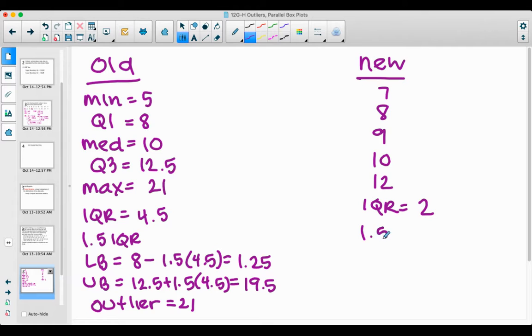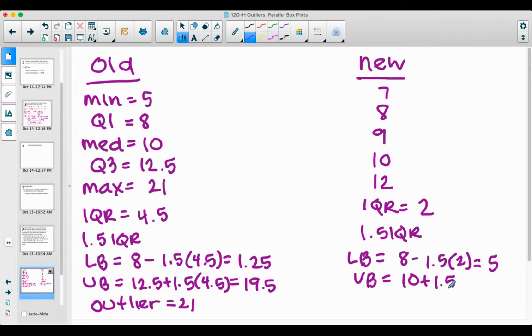Our 1.5 IQR test: our lower bound is 8 minus 1.5 times 2, which gives us 5. And our upper bound is 10 plus 1.5 times 2, which is 13. When we look at the data set, we have no values below 5 or above 13. So we have no outliers on the new drug.